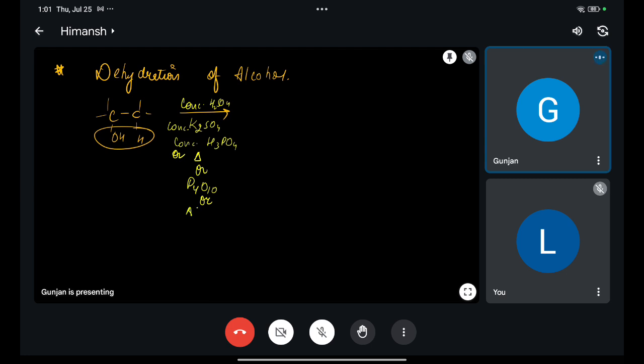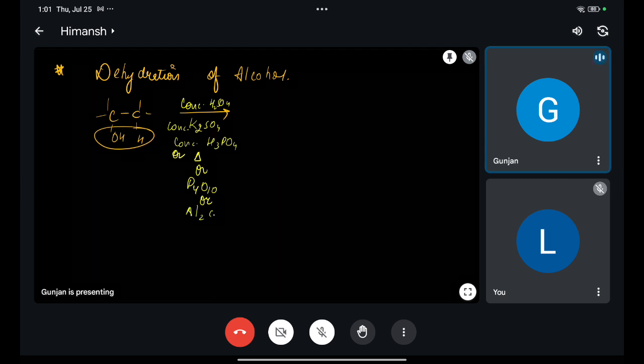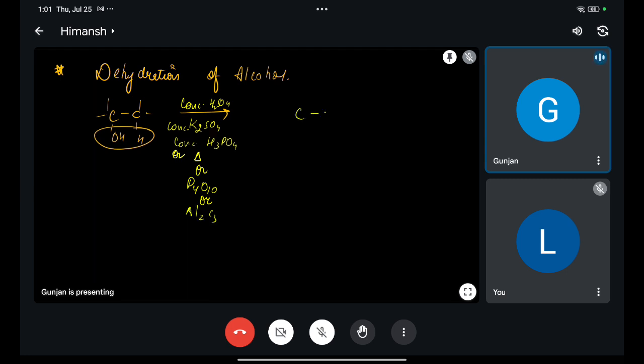Right? So they are all the same; all of them will do the same function. They will create an alkene like this.